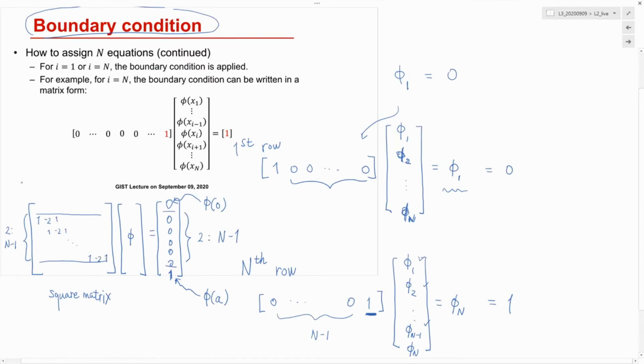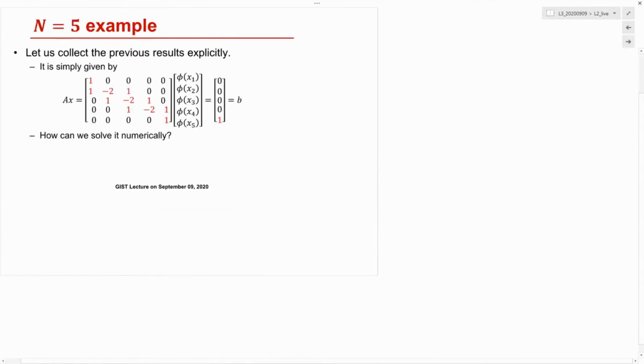And for the first row and the final row, we have just a diagonal component of 1: the 1,1 component becomes 1, and the n,n component becomes 1, because they correspond to the boundary condition. This is an example. Since we have discussed the general number, I guess that this is good enough.